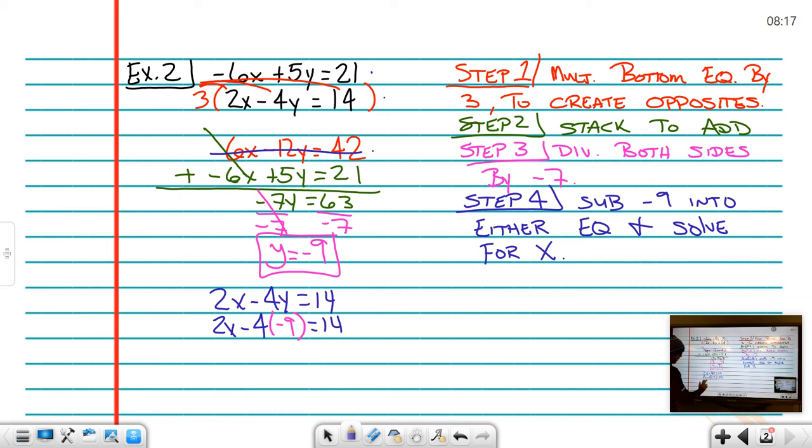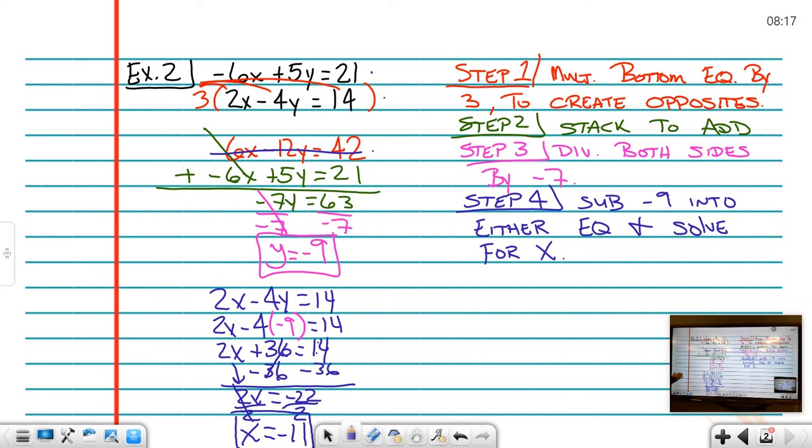Simplify: 2x, negative 4 times negative 9 is positive 36, equals 14. Subtract 36 from both sides. 2x equals negative 22. Divide by 2. X equals negative 11.